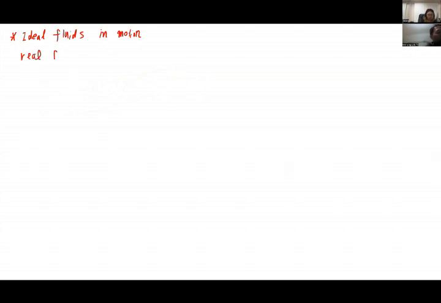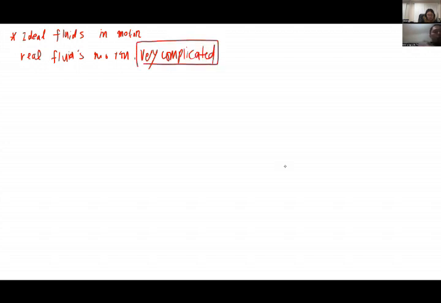Real fluid motion is very, very complicated. There's nonlinearity and chaos, all kinds of crazy things involved in fluid dynamics in a real circumstance.